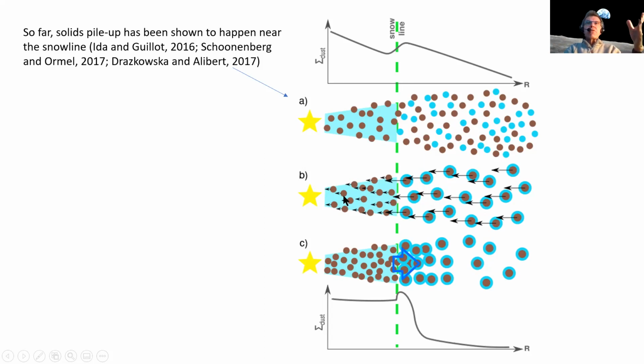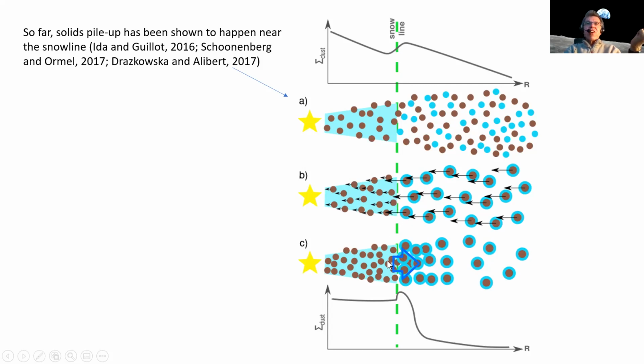And particles drift towards the star. These particles, as I said before, are expected to be bigger than these, so they are expected to migrate faster than those. Anyway, when these particles migrate and reach the snow line, they pass inwards of it, and then the ice in the pebble sublimates.